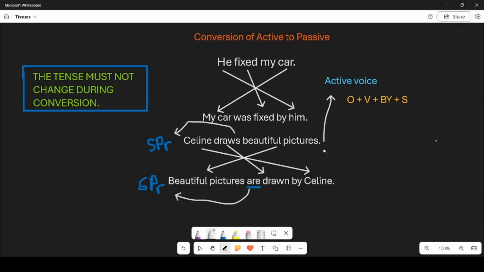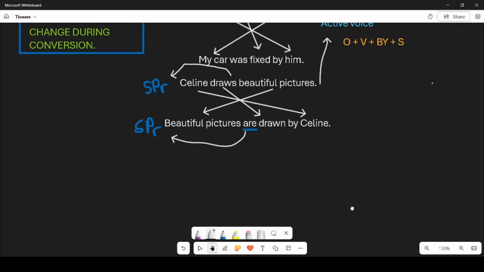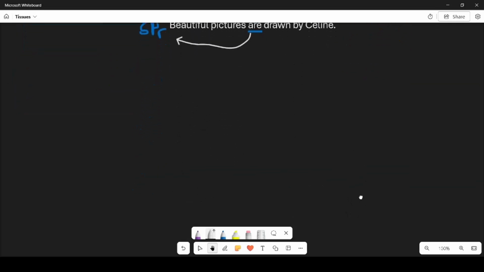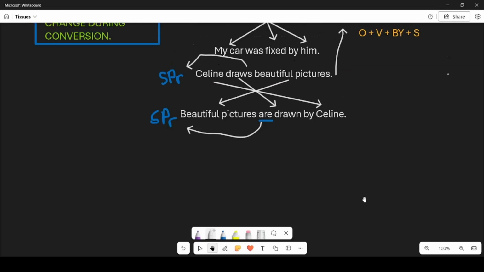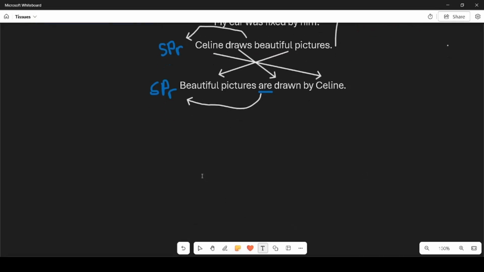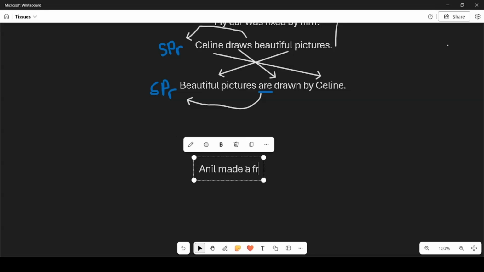So I'll give you one last example. Once we solve this, let's go into the tenses. So one more. Anil made a frame.